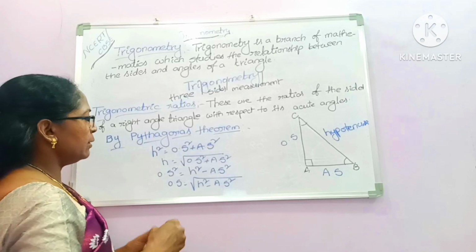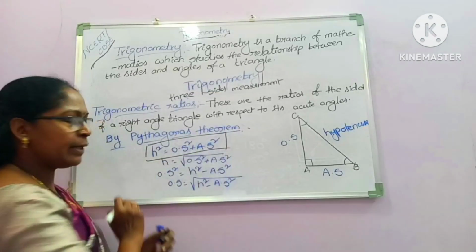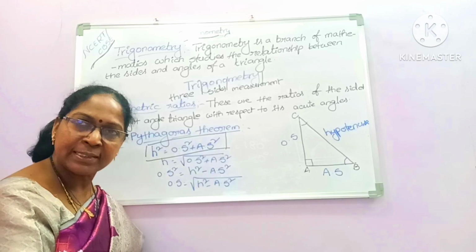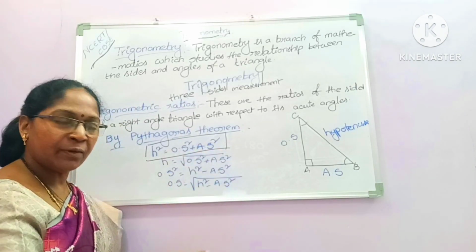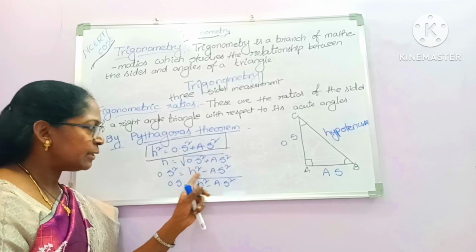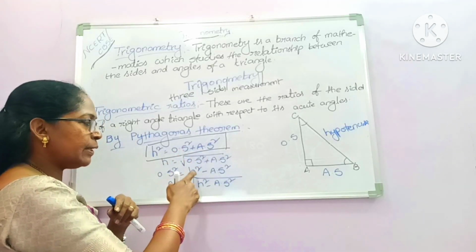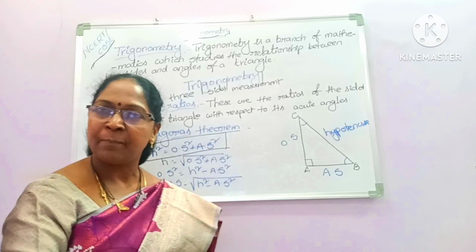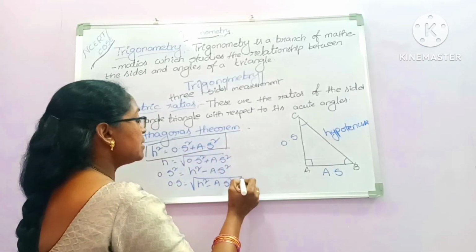Like this, this is one of the formulas. The basic formula is hypotenuse square equals opposite side square plus adjacent side square. Suppose we want the opposite side, then you write this formula from the basic formula: opposite side square equals hypotenuse square minus adjacent side square. What is the third one?